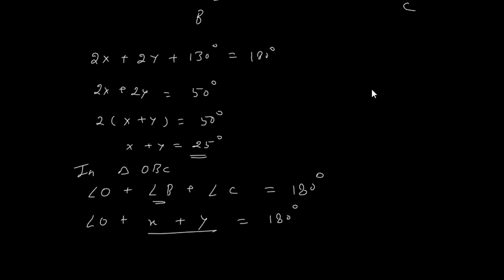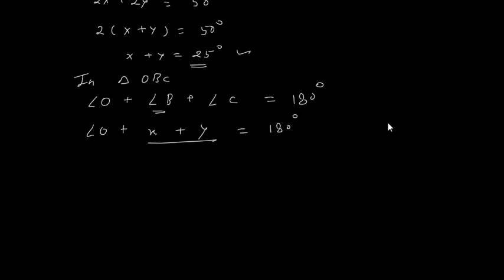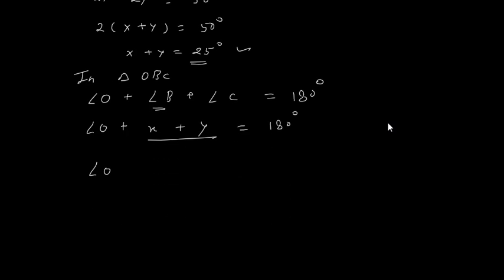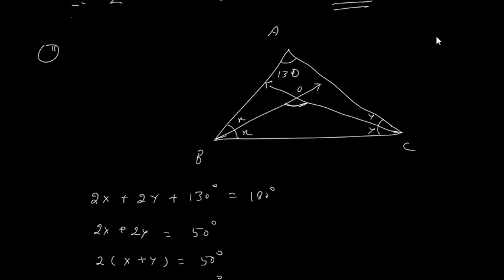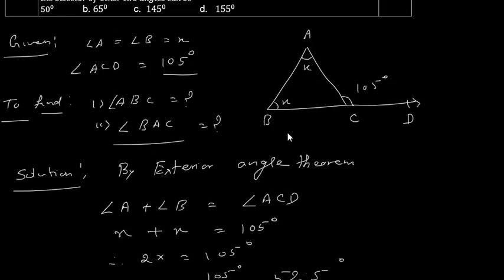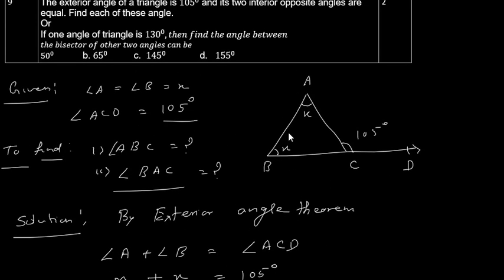Now this x plus y we know is 25 degree. So angle O plus 25 degree is 180 degree. Therefore angle O is 180 degree minus 25 degree, which is 155 degree. So the angle between these two angle bisectors is 155 degree. So option D is the correct answer.